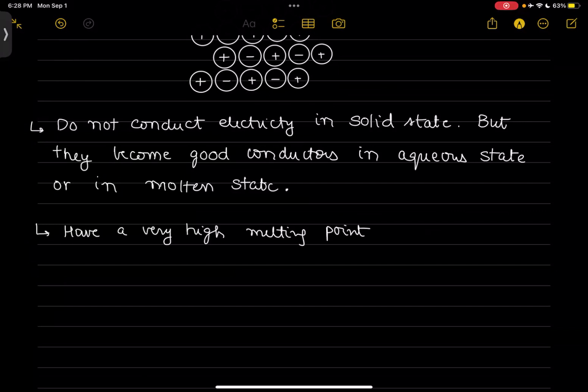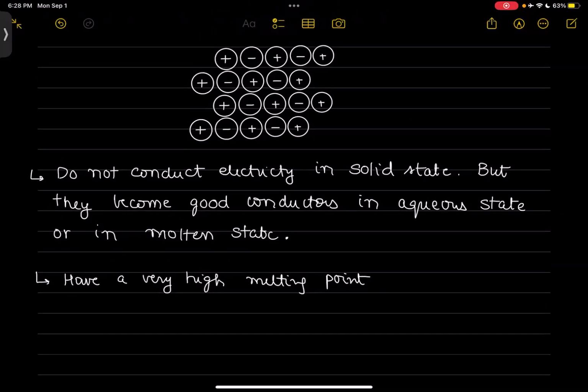Because each cation is surrounded by anions, and each anion is surrounded by cations. They are attracting each other, holding each other very strongly. Got it? Yes, sir.